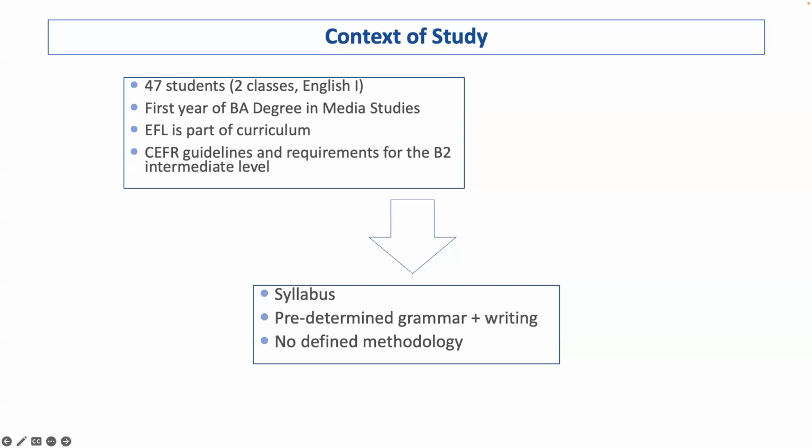Usually there are 5, 6 classes every year in media studies. So this aspect that different teachers are allowed to adopt different methodologies was instrumental in enabling a comparison between 2 different methods.